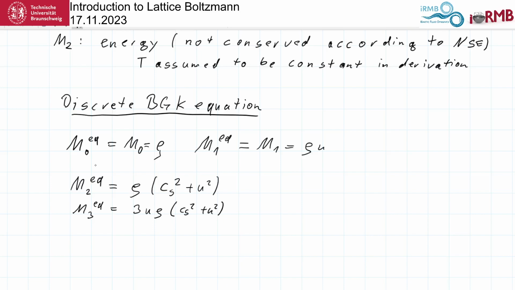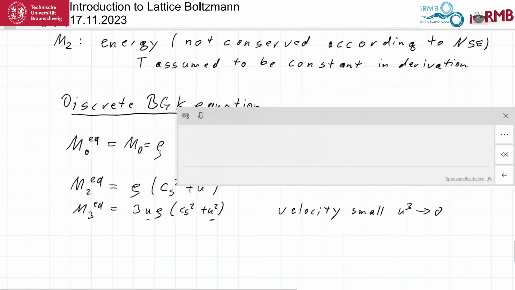Now, we try to rescue this by making some assumptions. What we see here is that there is a velocity squared, and there is a velocity again here. Now we could say that we are satisfied with small velocities. So the velocity is small. Then the third order in velocity could be assumed to be 0.